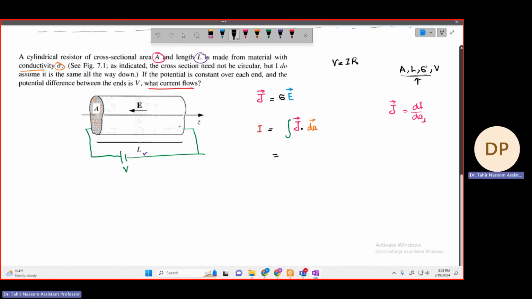In this case, because a uniform potential is applied, a constant current is flowing, so I can take J out, and then I do the integration over the area, right? It will give me J times the cross-sectional area of the wire, A, because this integration is done over the cross-sectional area of the wire, which gives me A.